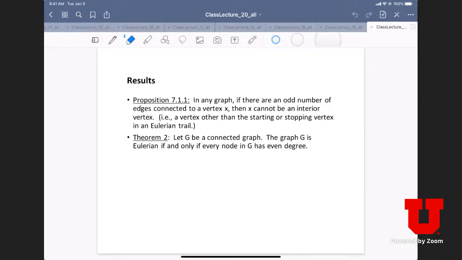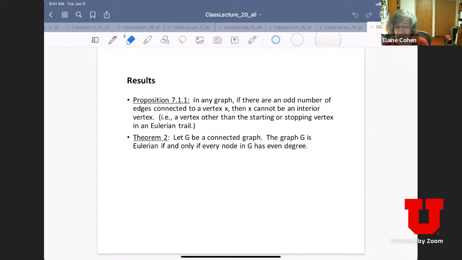So do we say it's interior to the trail? Because we could select a different trail wherein it's not an interior vertex in theory. No, you can't. Remember, we're asking here not about a trail per se.